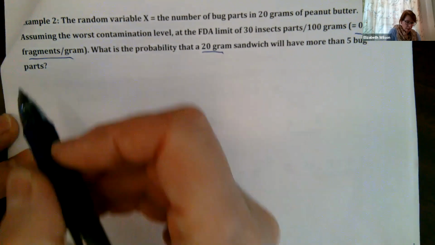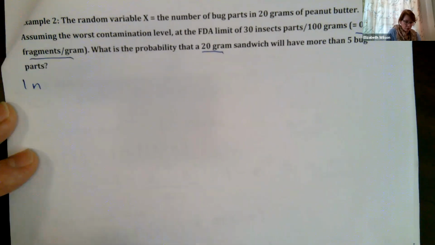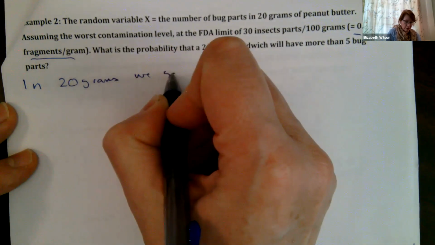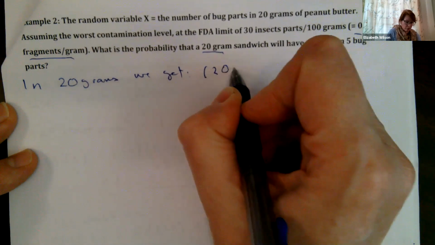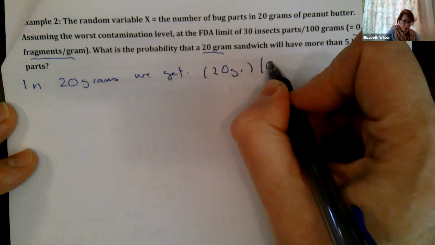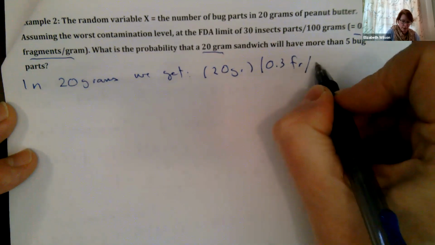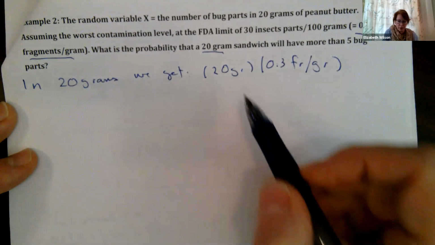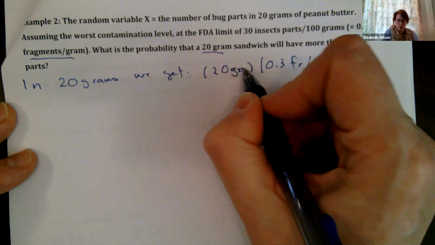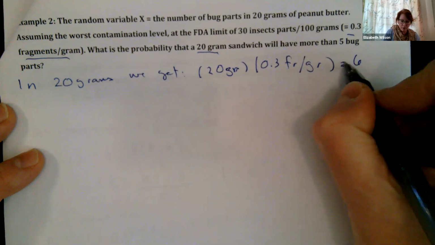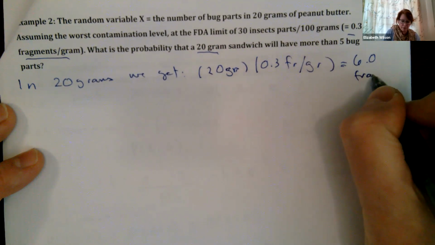So what this means is, in 20 grams, we're going to get 20 grams times 0.3 fragments per gram, which gives us 6 fragments.